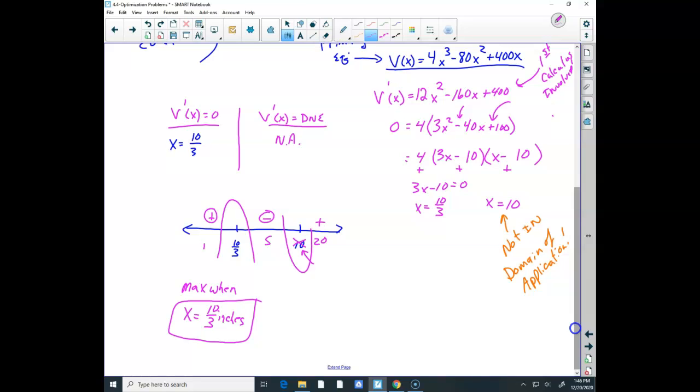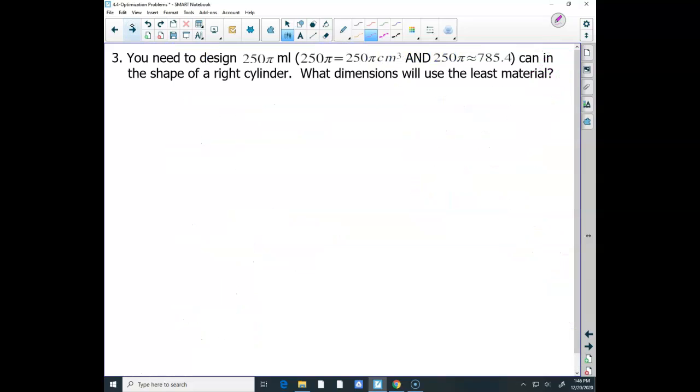One more. And if you forget all these geometric formulas, like in this next one, you need to design a 250 pi milliliter can. Just so you know, 250 pi milliliters is 250 pi cubic centimeters.